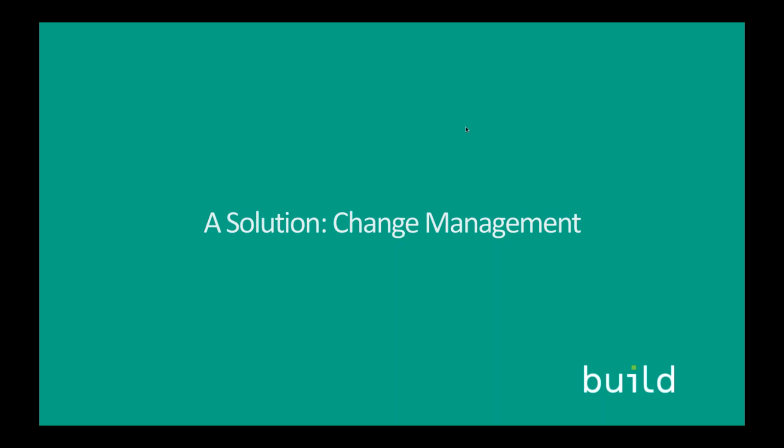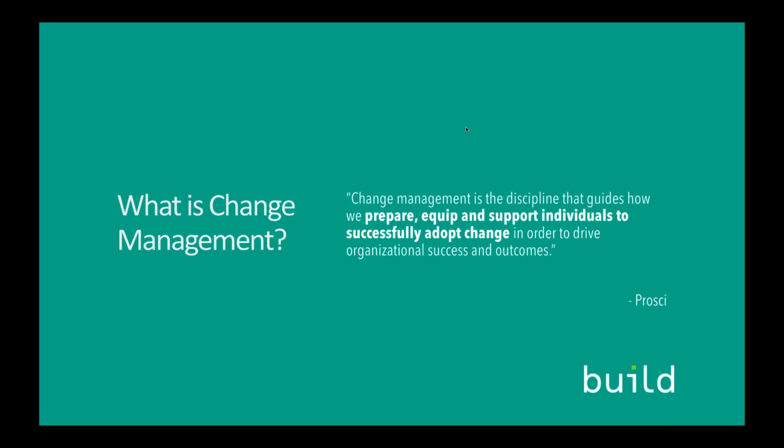So the answer to a lot of these challenges lies in the field of organizational change management. It's a pretty academic sounding term, but it's actually pretty simple when it gets boiled down. We like the definition by ProSci. ProSci is a leading research and consulting company specifically focused on change management. It's all that they do.